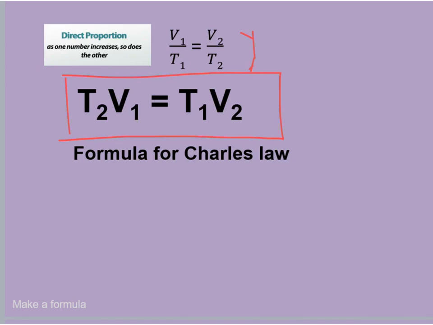The thing that you have to understand about this is it looks a lot like Boyle's law, only whenever temperature is involved in one of the gas laws, the temperature is going to be alternated. So it's T2 times V1 is equal to T1 times V2. This is the formula we're going to use for Charles' law. Again, the second temperature, not the initial, times the initial volume is going to be equal to the initial temperature times the second volume, and you should write that down.